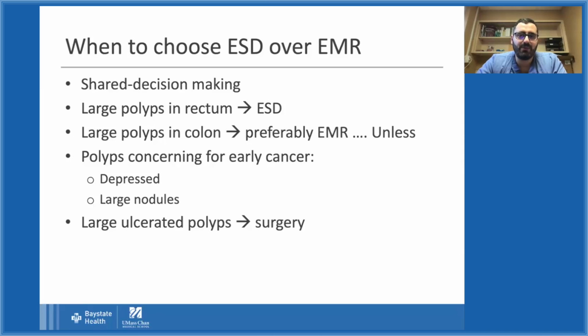Now, I would still consider ESD if there are some concerning features of the polyp, such as some depression or large nodules. If the polyp is ulcerated, large, then those patients should go to surgery, because that most likely means that the polyp has invaded into the muscle layer and it cannot be removed endoscopically.